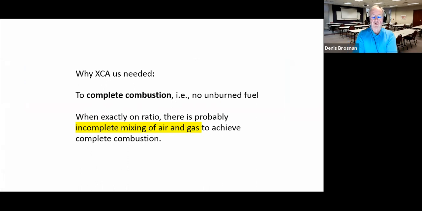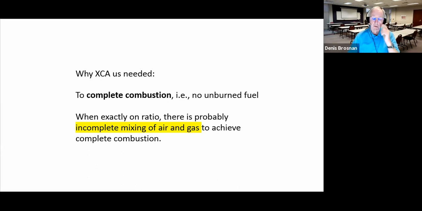Why do you need excess air? Well, I've mentioned complete combustion. That's certainly a reason that we all would logically think of. But the other reason is combustion takes place really rapidly. And although we try to mix air and fuel in the burners, as you'll see in a little bit, sometimes some of the air that's present in that mixture escapes without participating in combustion.